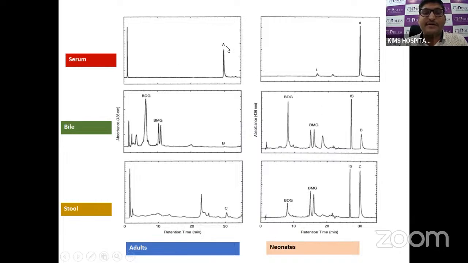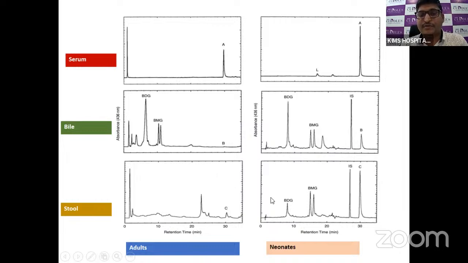In the serum, you can see predominantly unconjugated bilirubin, and its concentration is higher in the neonates when compared to the adults. When it comes to the bile, after secretion into the biliary canal, you can see bilirubin diglucuronides and monoglucuronides predominantly. In the neonate, bilirubin di- and monoglucuronides are present predominantly, along with some unconjugated bilirubin as well.